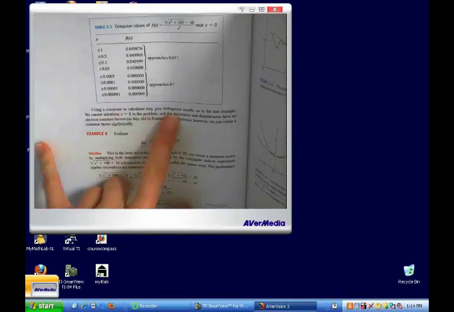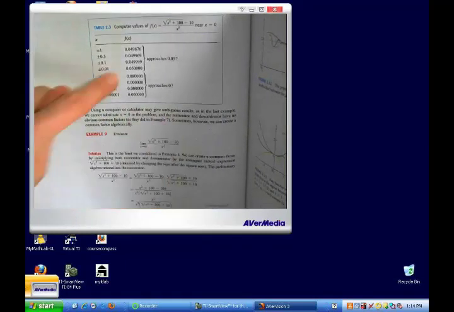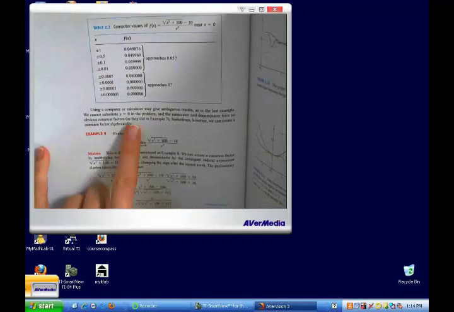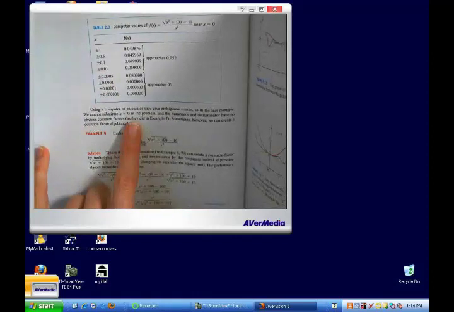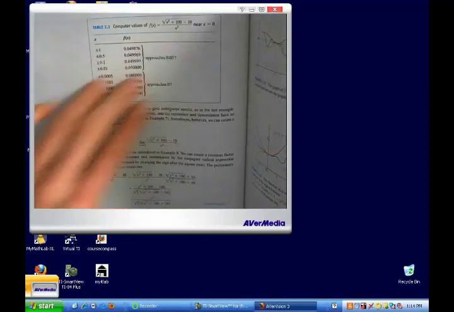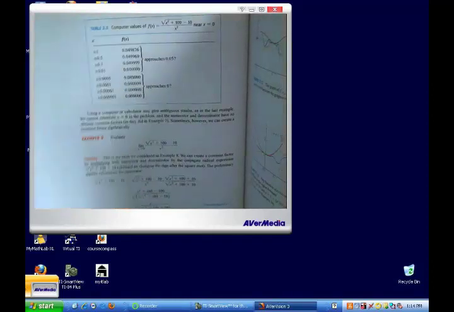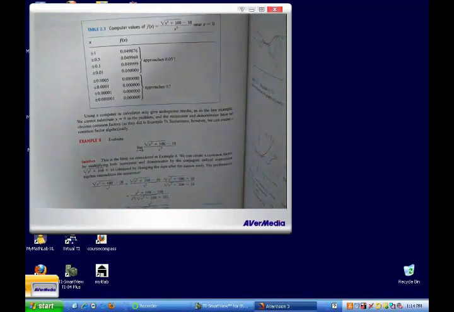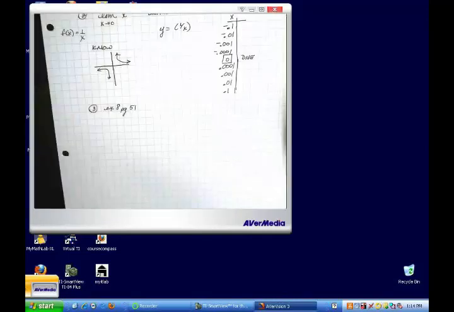It says using a computer or a calculator may give ambiguous results, as in this example. And we cannot substitute x equaling 0 into it because it becomes a 0 in the denominator. So sometimes it doesn't really work. Sometimes we just can't get it to fall for us when the functions get very complex.